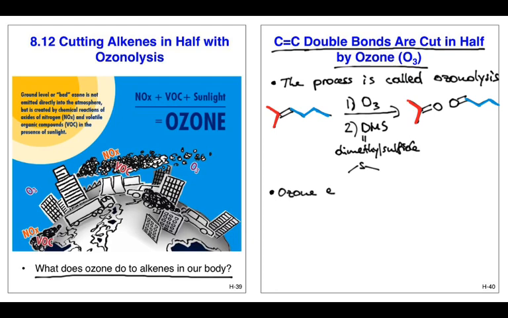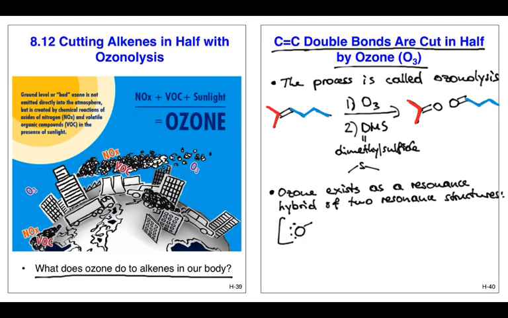You don't really have to remember the mechanism for this reaction, but I want you to at least remember the structure and the resonance structures of ozone. There are 2 resonance hybrids. Here's how they look. This is one resonance structure of ozone.